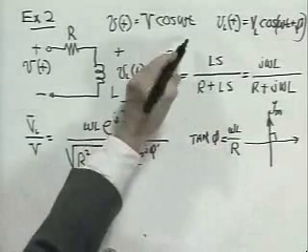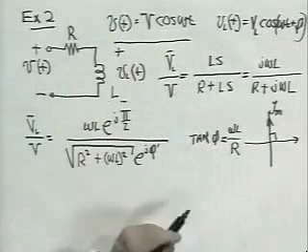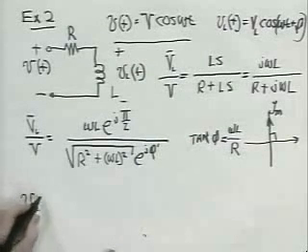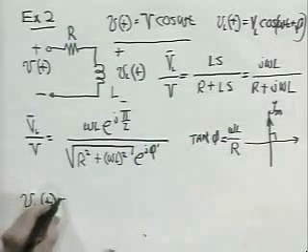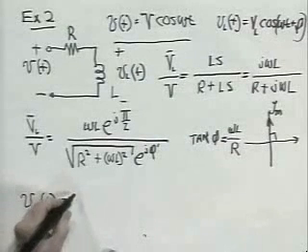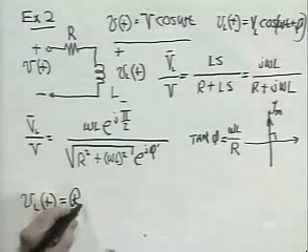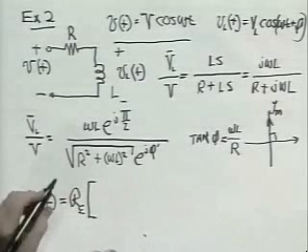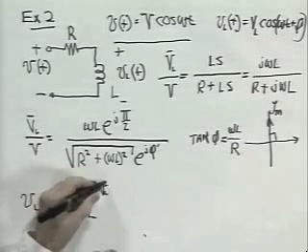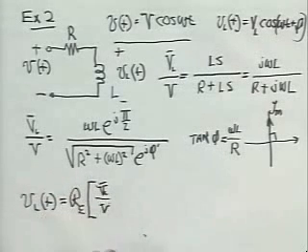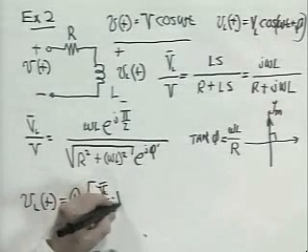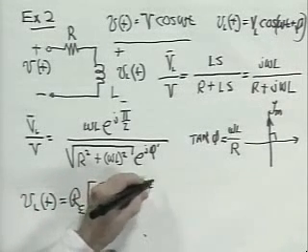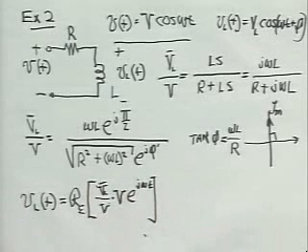If I excite it now with a cosine, replaced in our analysis by a complex exponential, the voltage V sub L of t is equal to the real part of the ratio V sub L divided by V, multiplied by the amplitude of the input V multiplied by e to the j omega t, and that's the time function we're looking for.